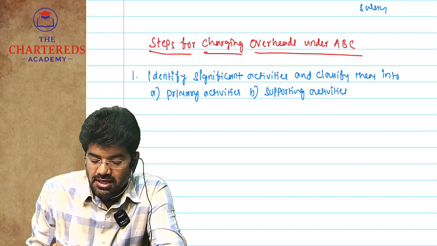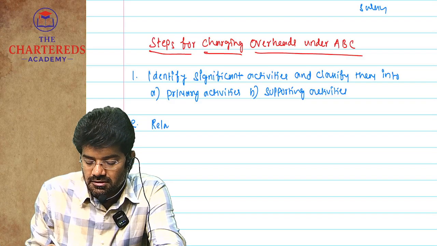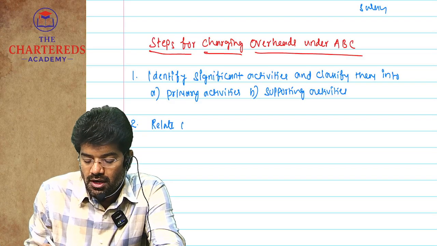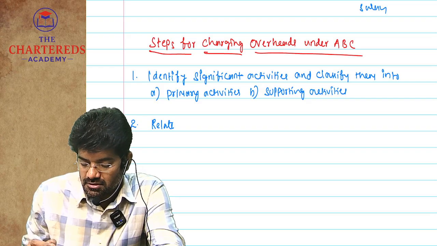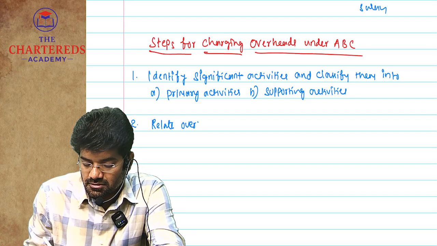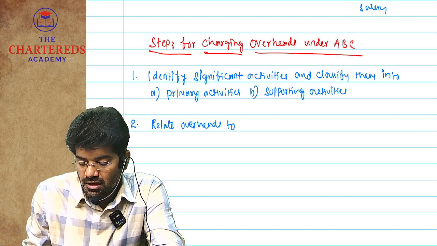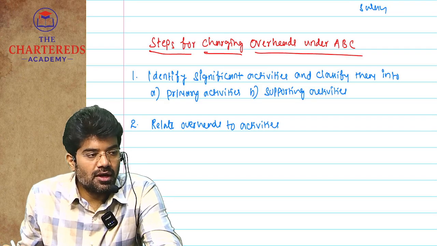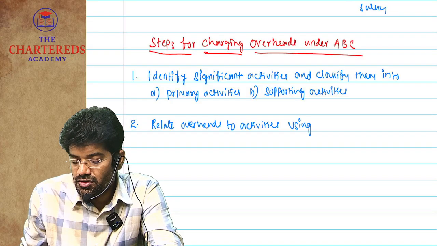Then the second step is to relate overheads to activities. Using which cost driver? Tell me.